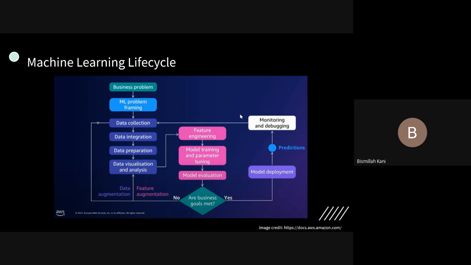This is where most failures happen: your model might be performing well and meet your business goal, but once it goes into production, you will end up seeing a lot of surprises from your customers in terms of complaints that your model is not performing well on certain data, right? That is not good, so it's very critical to have this monitoring and debugging piece in your machine learning full stack.